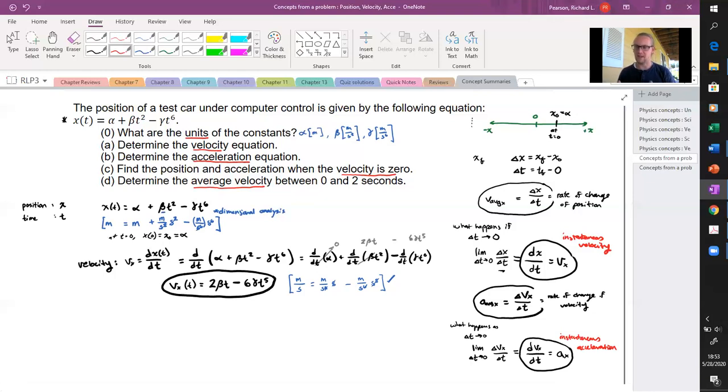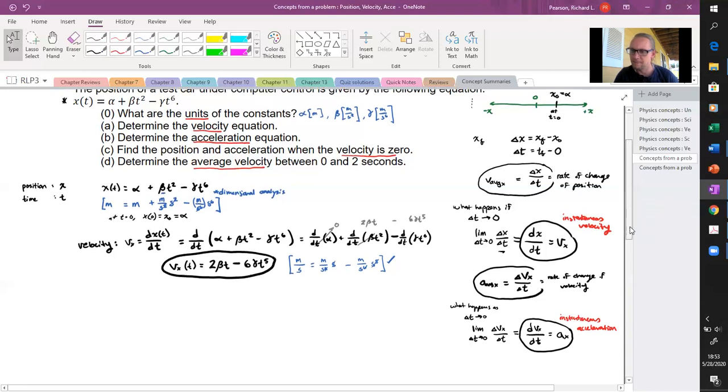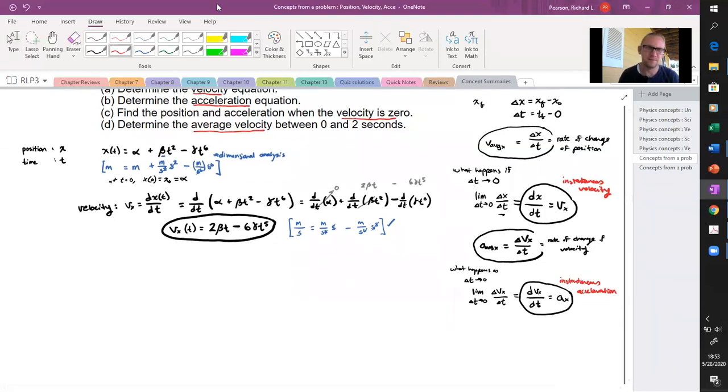Now let's take it one step further. We can do a little substitution. If the instantaneous acceleration in the x direction is given as d vx dt, we have another equation that tells us what vx is, and that's dx dt. So let's substitute that in.